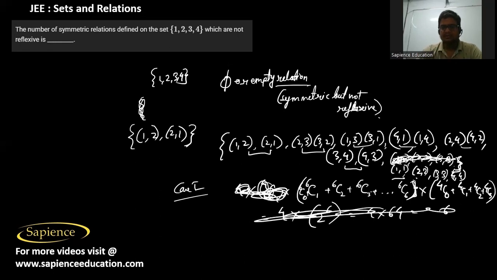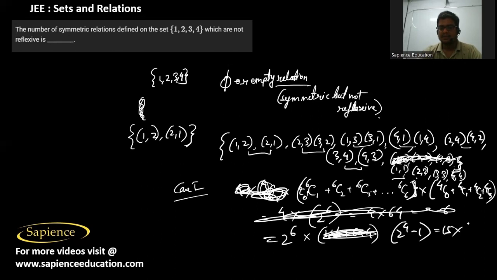So this will be 2 power 6 into 1 plus 4 plus 6 plus 4, which is actually 2 power 4 minus 1, that is 15 into 64. So these many will be symmetric and not reflexive.